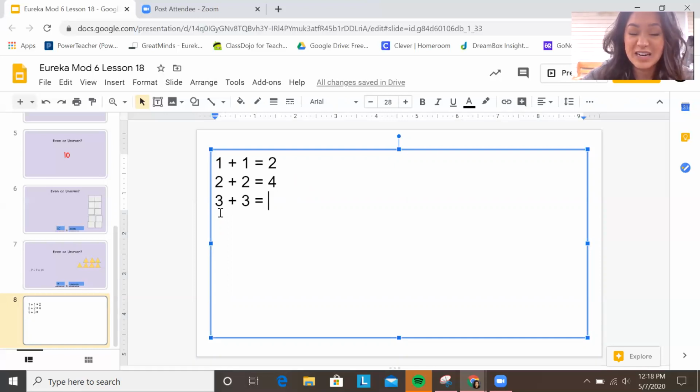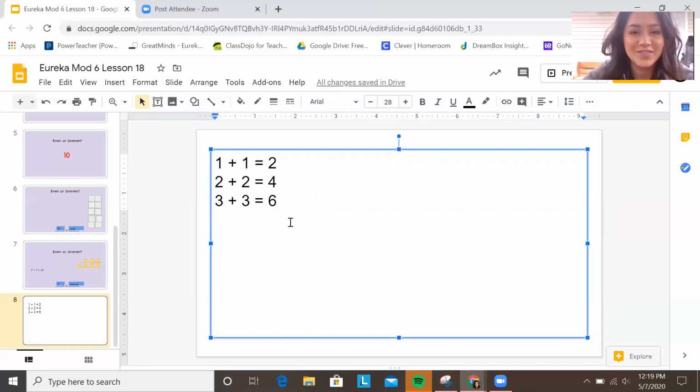Is 3 even or uneven? It's uneven, but our answer is even. Remember, every doubles fact will have an answer that is even. No matter if it's uneven or even, your answer will always be even.